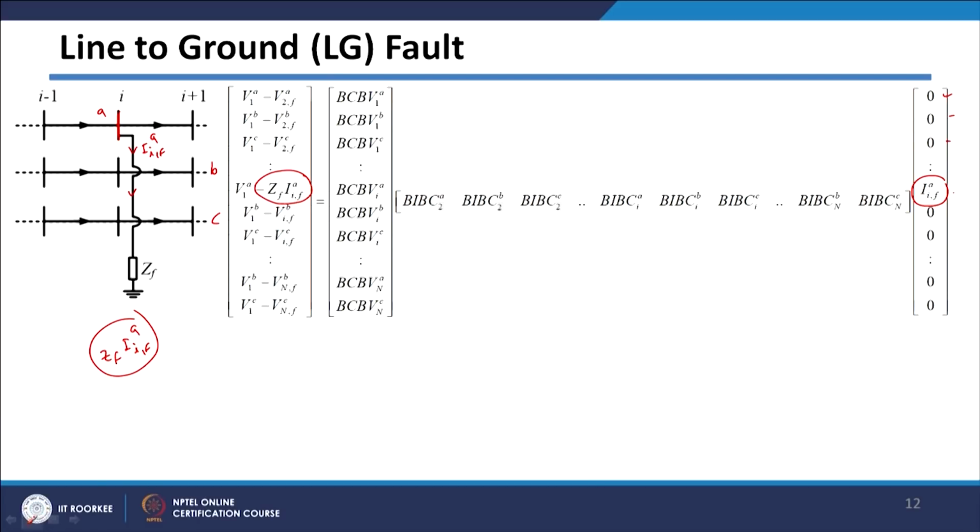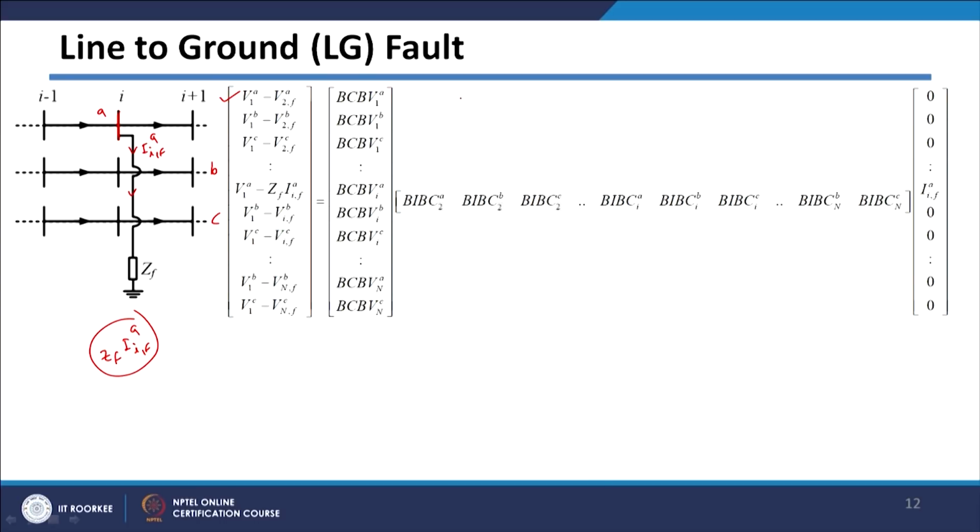So if you observe this equation here, if you want to calculate any post fault voltages, say the post fault voltages of this particular bus, bus 2 and A phase.